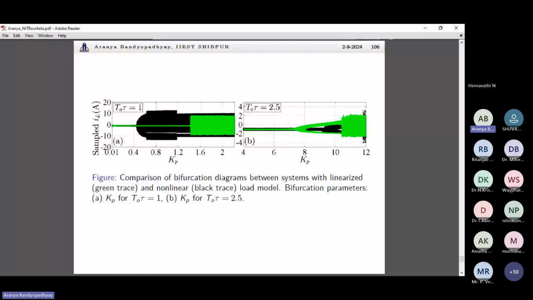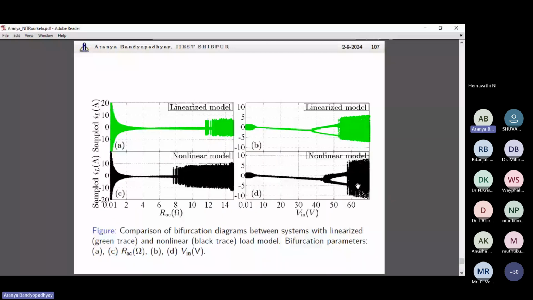This can be seen over here also for the power circuit parameter spaces. Earlier onset of instability for the nonlinear model, but delayed onset of instability when the instability is period doubling bifurcation.